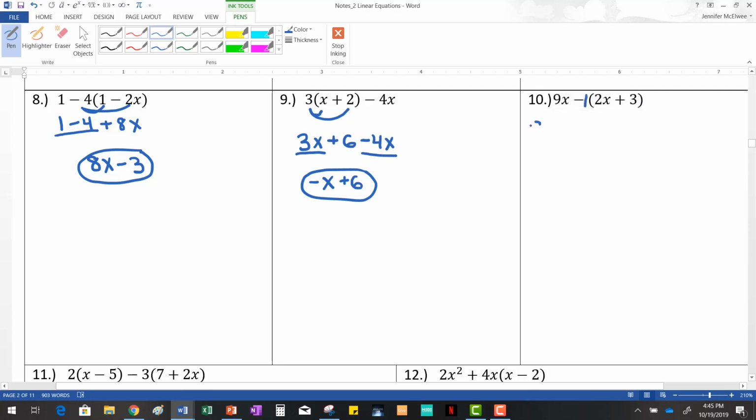So that 9x gets brought down. I'm not going to do anything with that yet, but I have to distribute that negative 1 to the two terms inside the quantity. Negative 1 times 2x will give me negative 2x, and negative 1 times positive 3 will give me negative 3. Combine like terms. 7x minus 3.